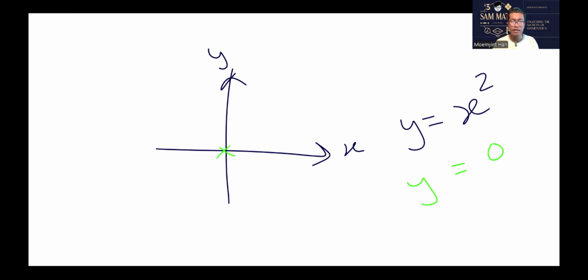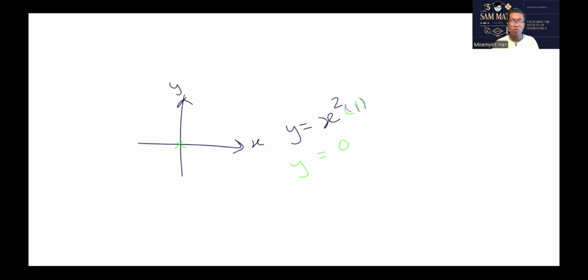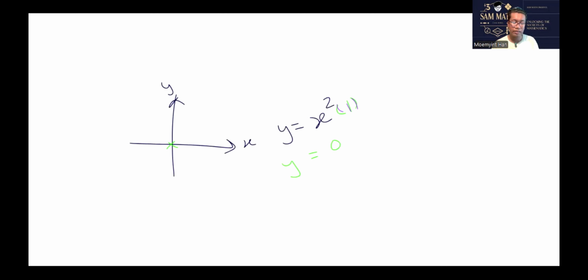And then if x is 1, the graph will be at 1, comma 1, because 1 times 1 squared is 1. It is also true for negative 1, isn't it?